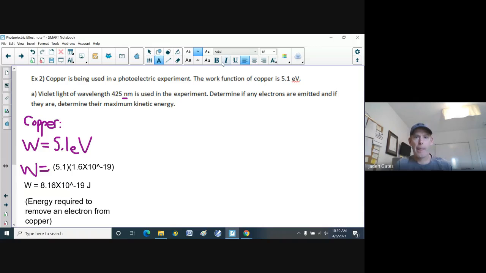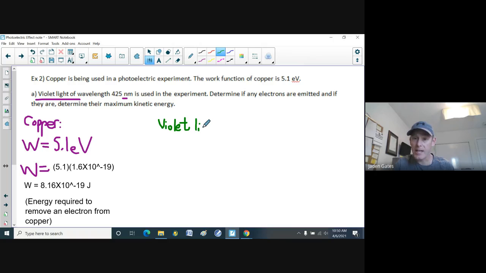Now, we've got violet light. That's what's being used here. Oh, I should use violet for violet. So here's our violet light. What we're going to look at is the energy supplied by violet light, because it's electromagnetic radiation.